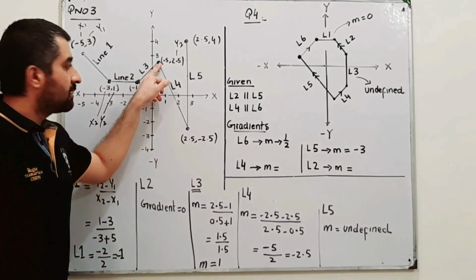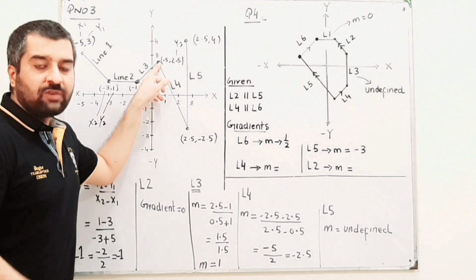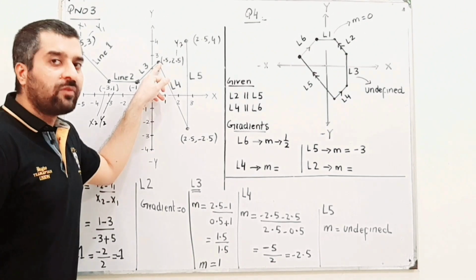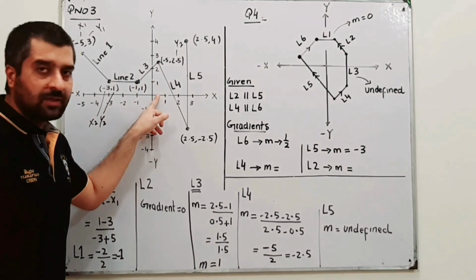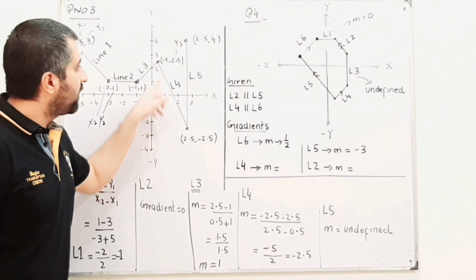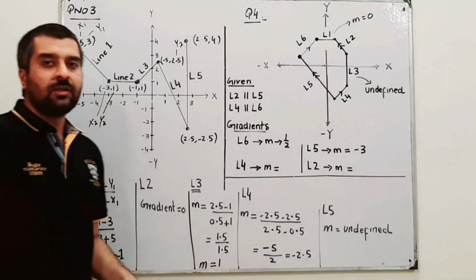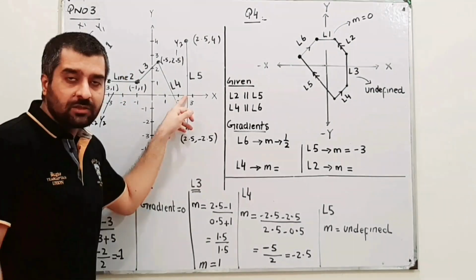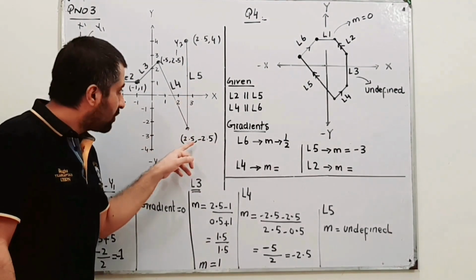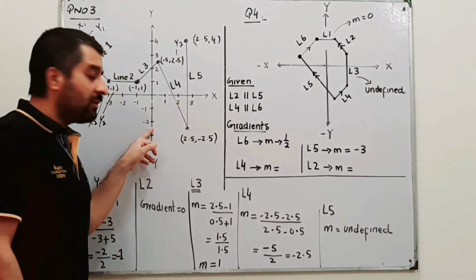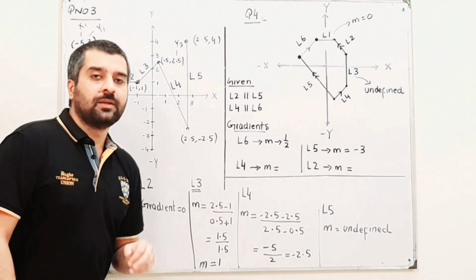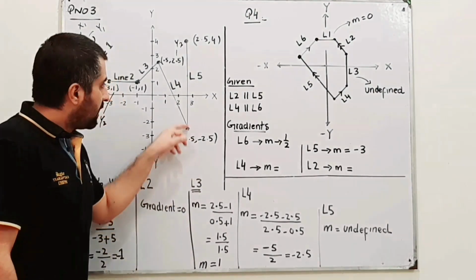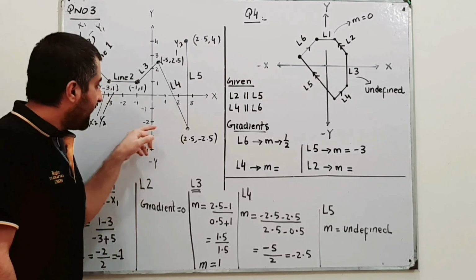This point is 0.5 and 2.5, meaning the value of x is 0.5 and the value of y at this point is 2.5. While this point, on the x-axis you have got 2.5 and on the y-axis you have got minus 2.5.